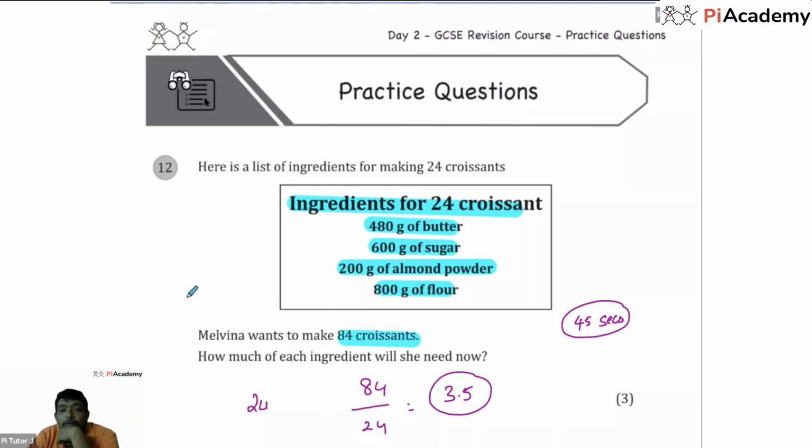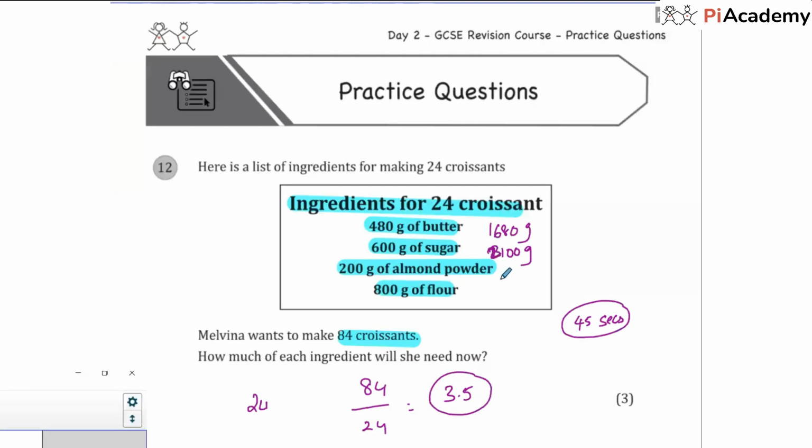So 480 times 3.5 is 1,680 grams of butter. And 600 times 3.5 is how much? 2,100 grams of sugar. Good.